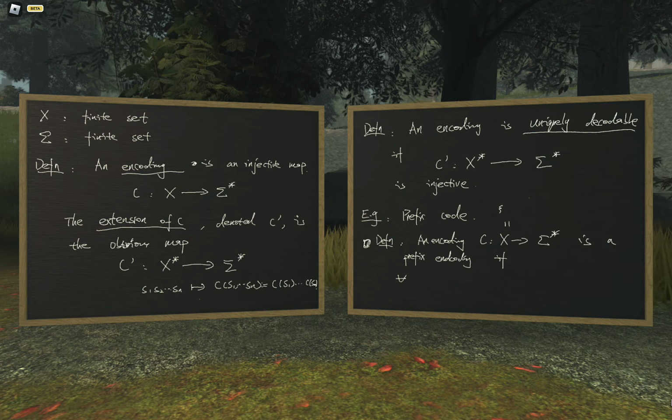For all code words C(x_i) and C(x_j) where i is not equal to j, C(x_i) is not a prefix of C(x_j).